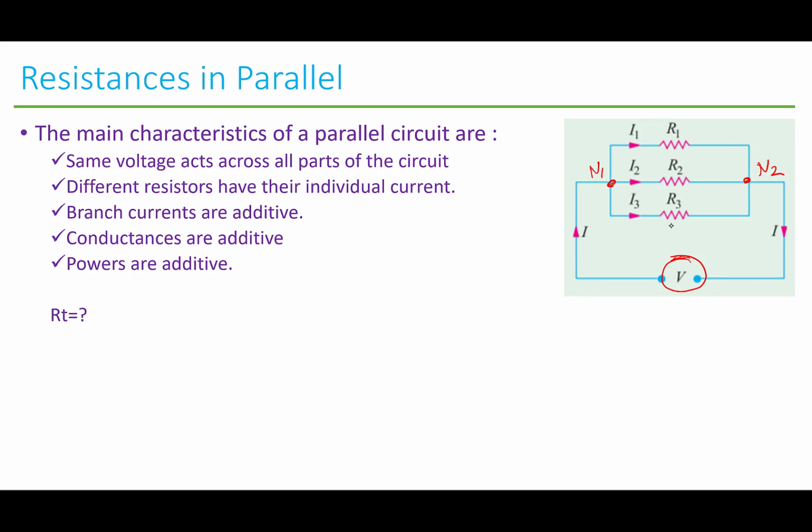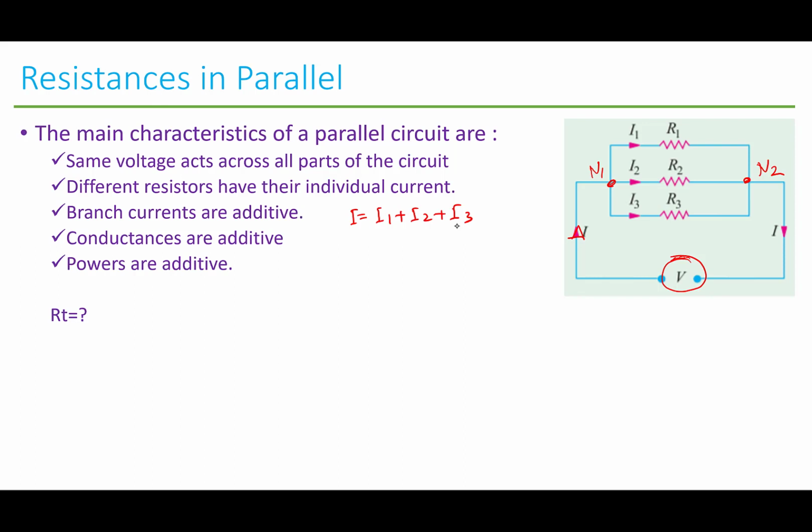The total current of this branch, which is I, is the sum of all the branch currents. Those branch currents are additive, which means I equals I1 plus I2 plus I3.